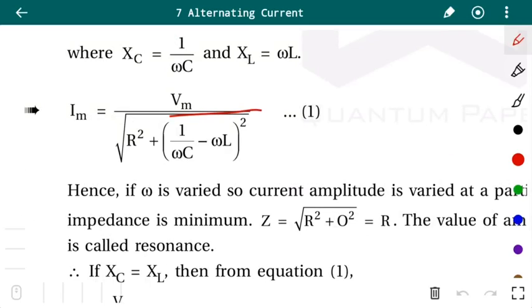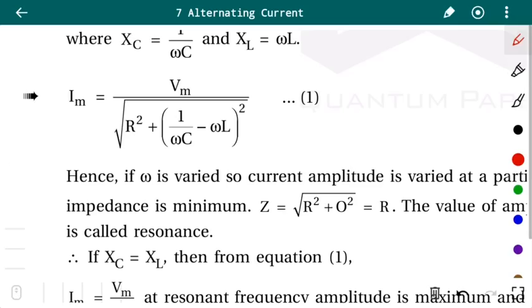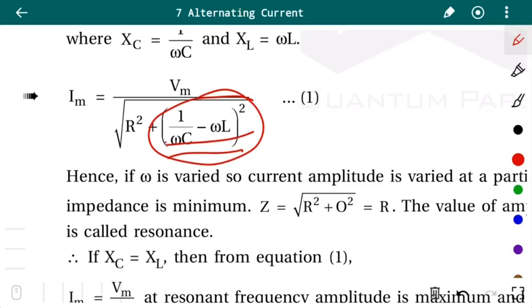That means this whole term should be as small as possible. For that, we can take these two terms as equal so that this whole term becomes 0.